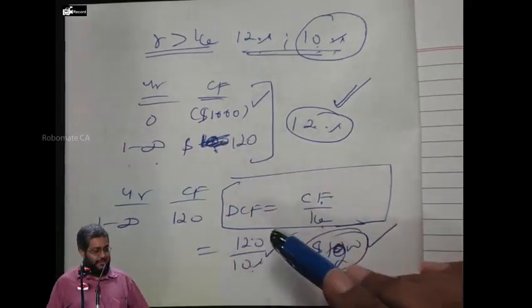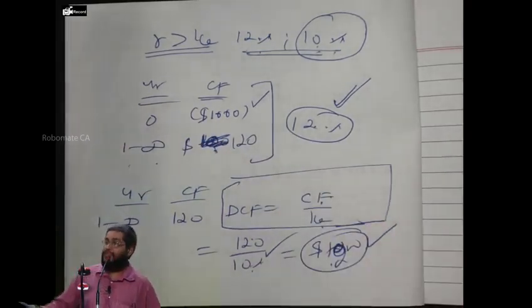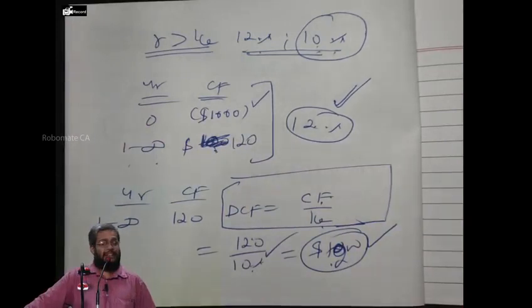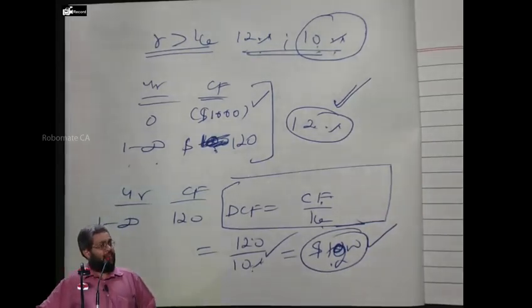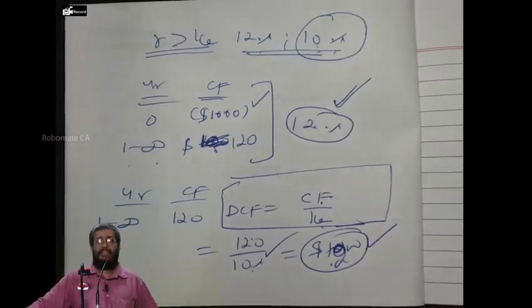Point G. Later, if we find that the asset return is less, what happens to the share price? The share price drops.